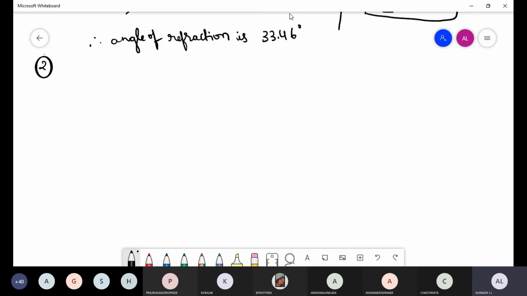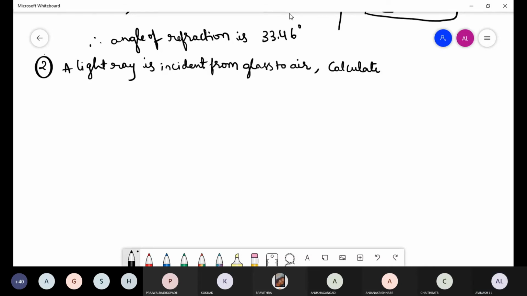A light ray is incident from glass to air, calculate the critical angle, phi c.